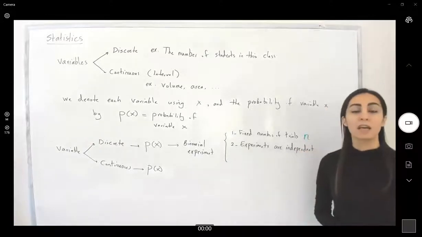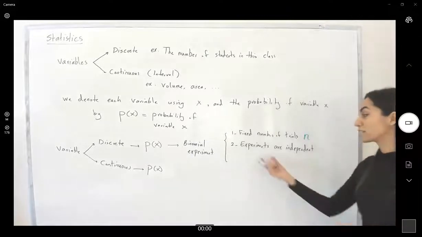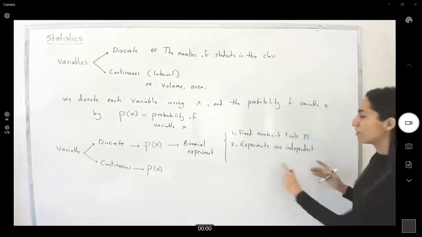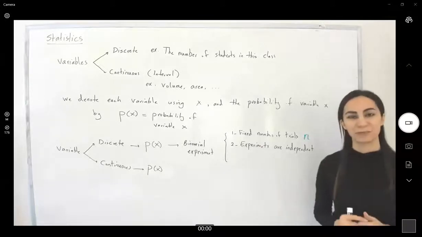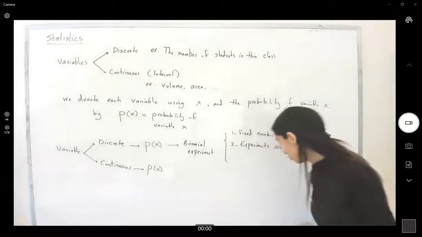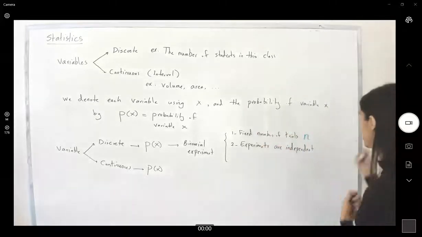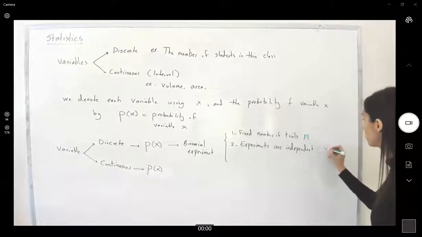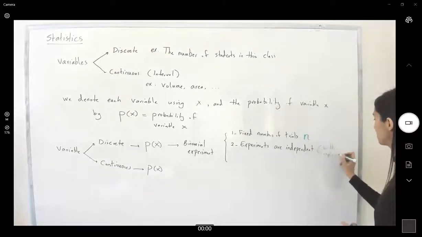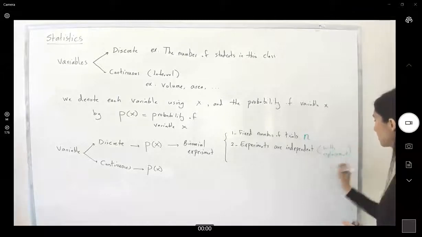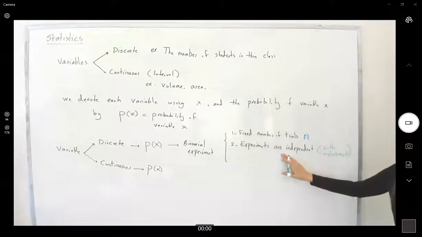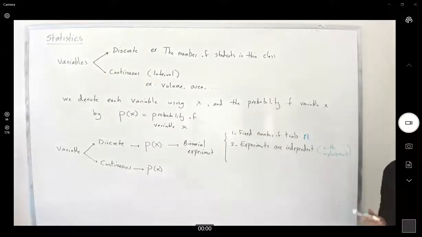It means that when we're performing the experiments, they have no dependency. The keyword that you see in an example or in a question is with replacement. So the keyword with replacement guarantees that the experiments are independent from each other.